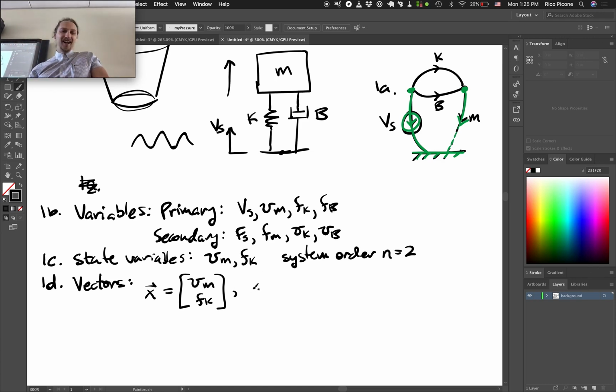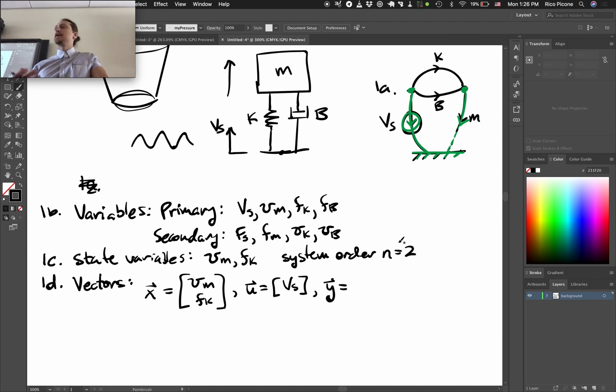Okay. Now we've got the input, which we've only got one source in here, right? So our input is just a 1-vector, VS. And our output we haven't yet identified. So we haven't decided what we want to see come out of this thing. One thing that might be interesting for us, though, is to find the force that the source is having to apply to make that velocity happen.